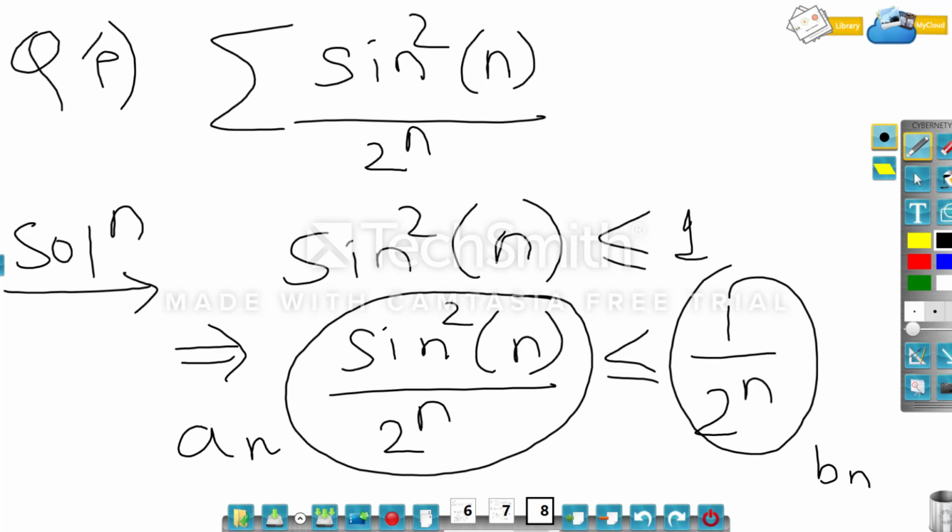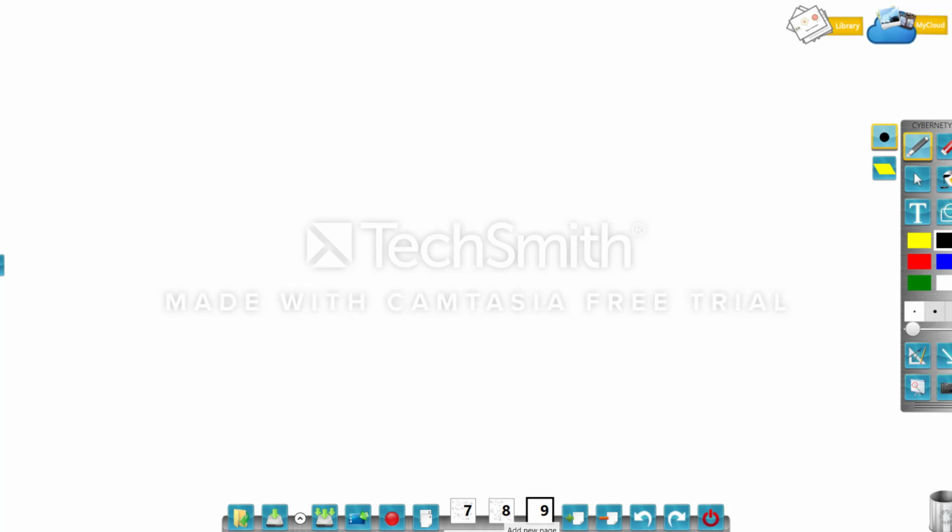Now you could see that series bn is a geometric series with common ratio 1 by 2, which is less than 1, because we know that a geometric series is convergent if the common ratio is less than 1. So series bn is convergent by geometric series test. Hence series an is convergent by comparison test.